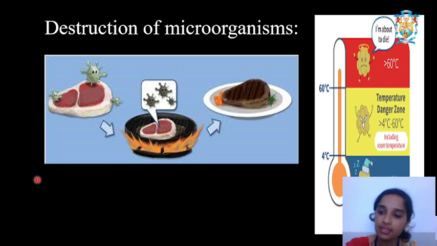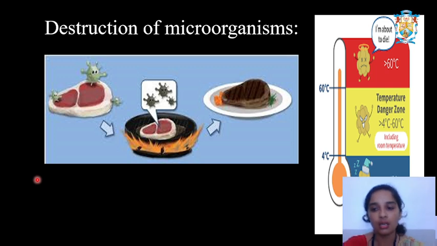The surprising thing is that the ambient temperature, the room temperature, also comes under this temperature range. So we have to avoid keeping the food items for a longer time at outside temperature. So when you cook it, the temperature is increased above 60 degrees Celsius in order to kill the microorganisms and also to maintain the safety of the food product.